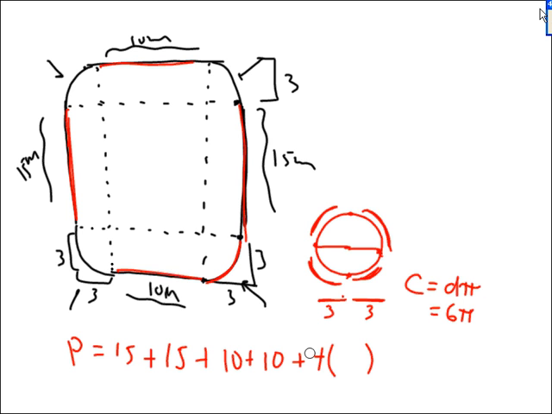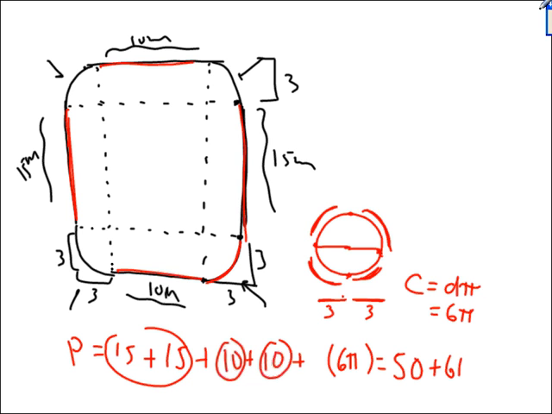So, I already found out what the 4 times is. Each one of those is 1.5 pi. But the whole thing is 6 pi. You have 30, and 10 is 40, and 10 is 50. You have 50 plus 6 pi.